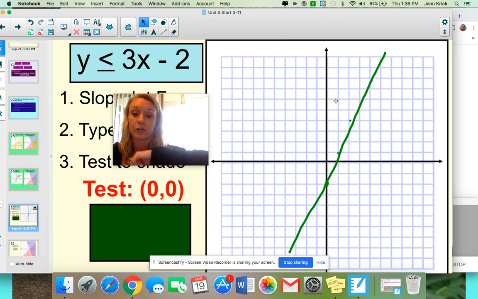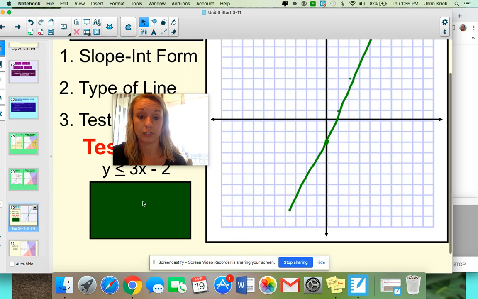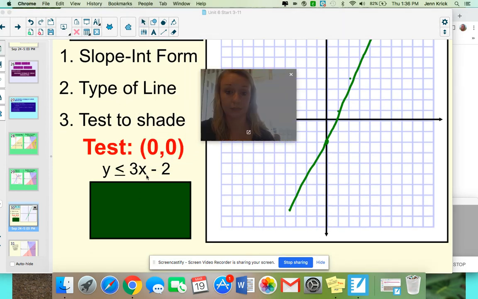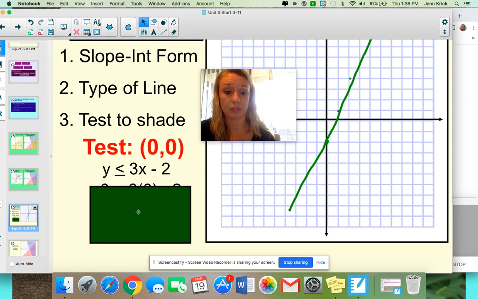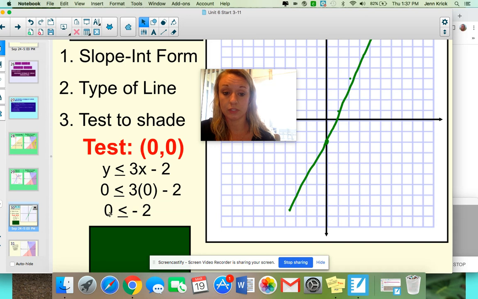To figure out if we are shading above or below, we need to use a test coordinate pair. Because we don't have 0, 0 on our line, we can use that to test. So here's your original inequality. When you plug in 0, 0, here's what you have. Then you ask yourself, is 0 less than or equal to -2?